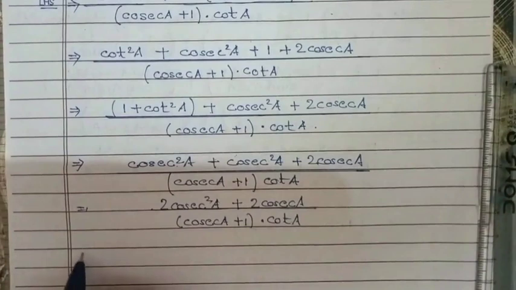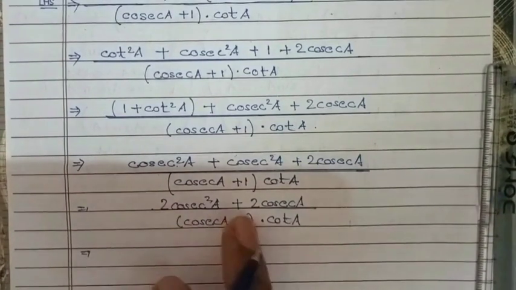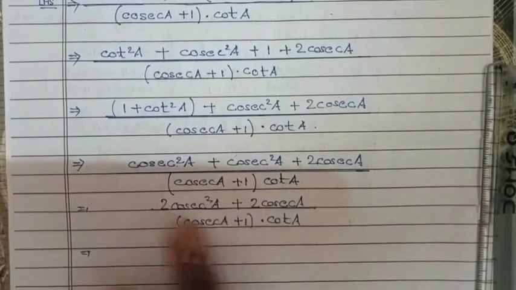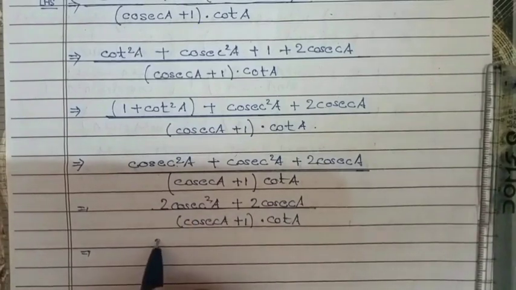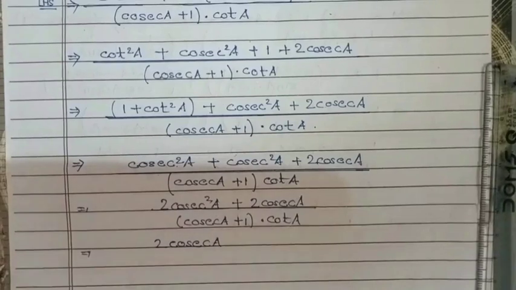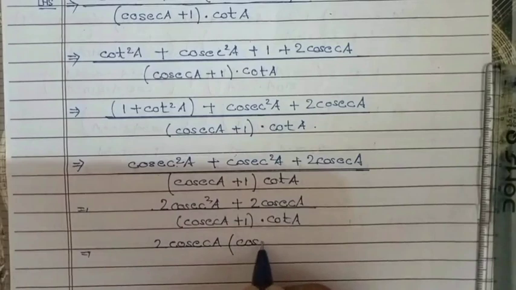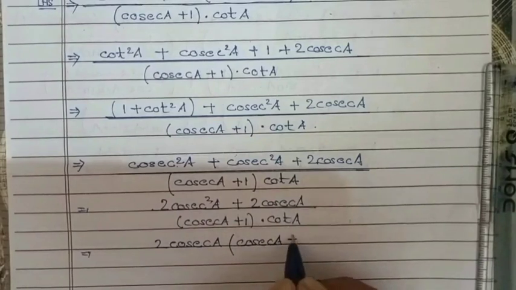Okay, now in the numerator place you can take twice cosec common, so we are left with cosec plus 1.